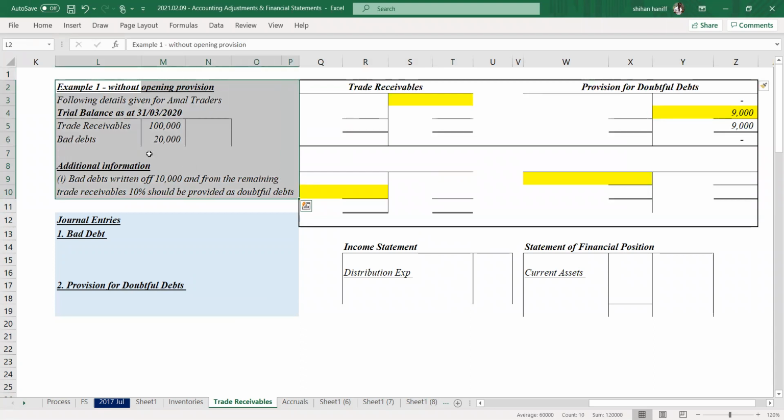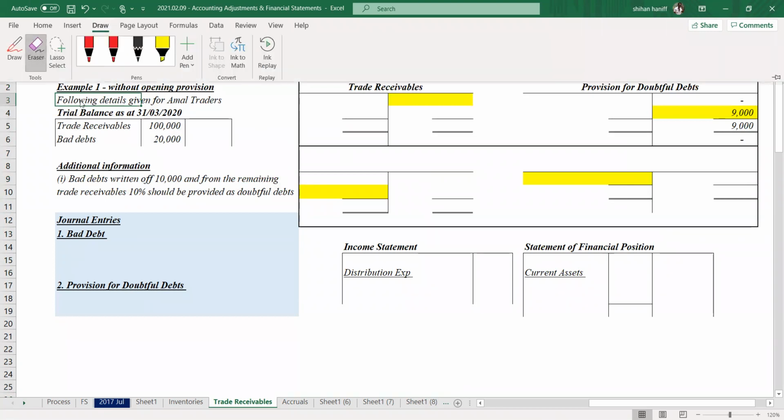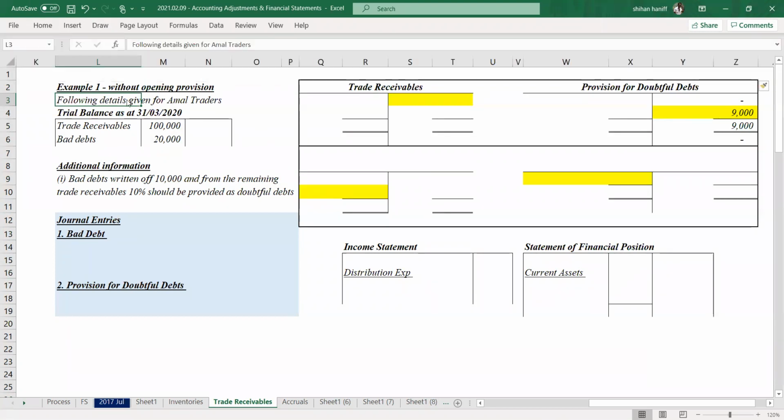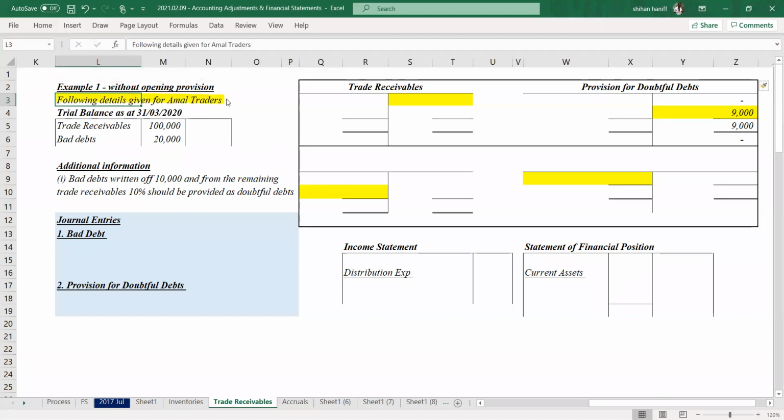Right, so the following details are given for Amal Traders. Trial balance as at 31st March 2020: trade receivable 100,000, bad debt 20,000.